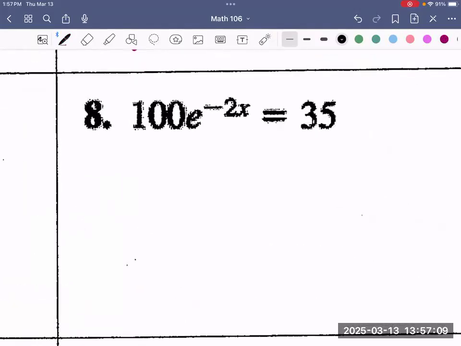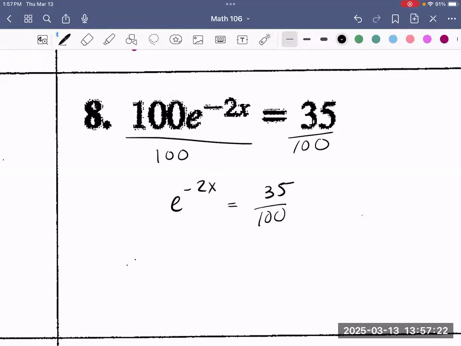Now let's try number 8 here. Again, you have a coefficient here, so let's divide that out. So you have e to the negative 2x is equal to 35 over 100. I like fractions and I'm going to keep it as such. Now when we look at this, we want to write the natural log of both sides.